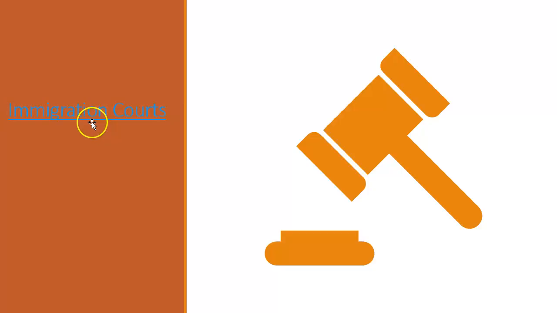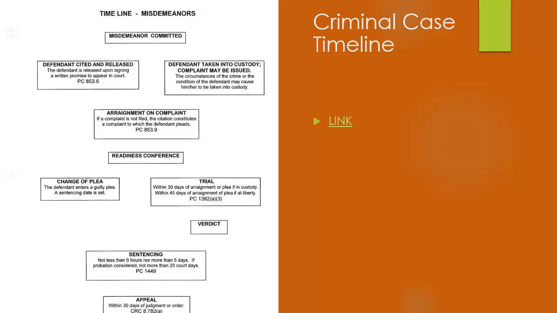So make sure that you click on the link, and there's also a page there that takes you to the immigration courts, so that you can know and understand that they're under the Department of Justice, and it's very different in terms of the requirements and the administrative process that takes place in the federal courts. So very important for you to know the differences.